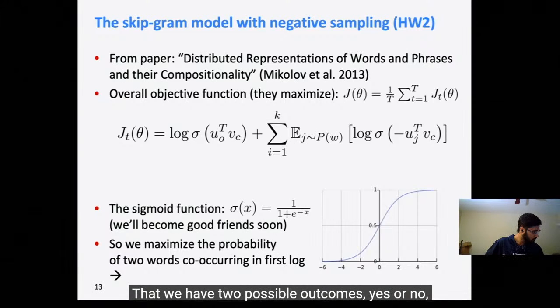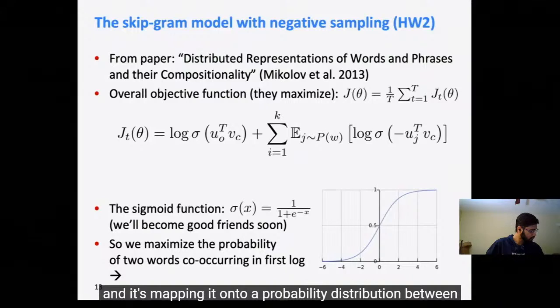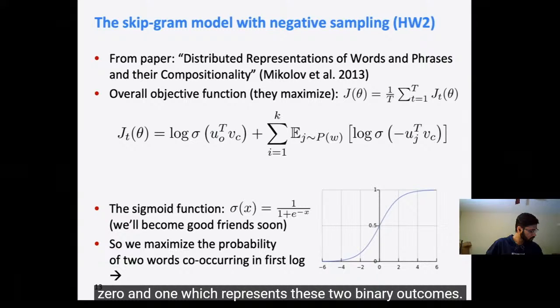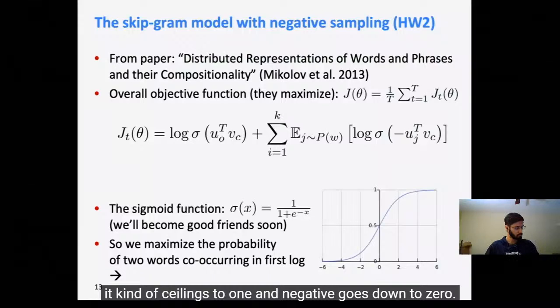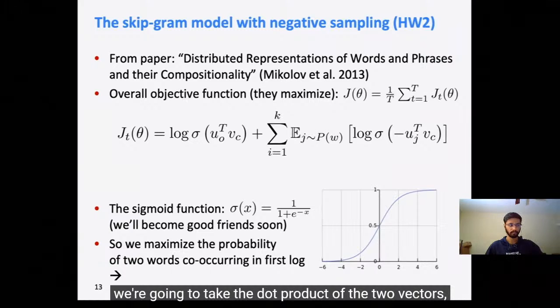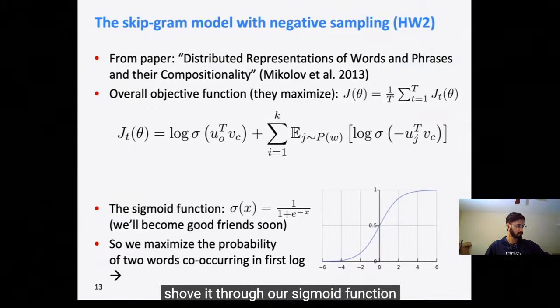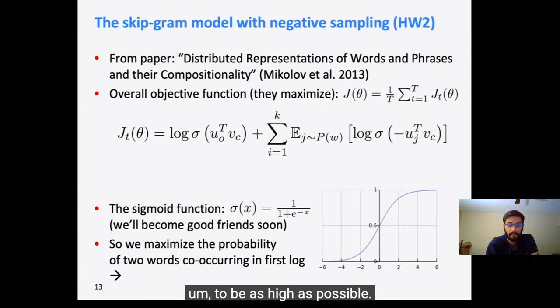We have two possible outcomes, yes and no, and you've got an input that is any real number, and it's mapping it onto a probability between 0 and 1, which represents these two binary outcomes. To the extent that the number's positive, it ceilings to 1, and negative goes down to 0. So this time, for the good word, we're going to take the dot product of the two vectors, shove it through a sigmoid function, and then we want that probability estimate to be as high as possible.